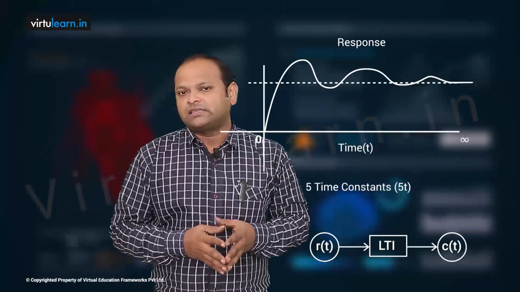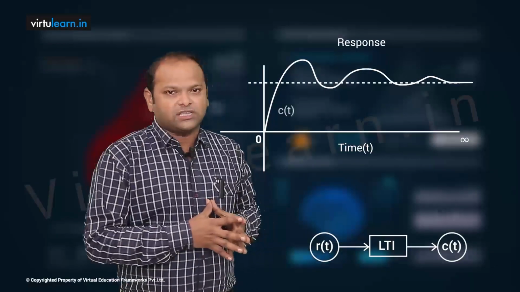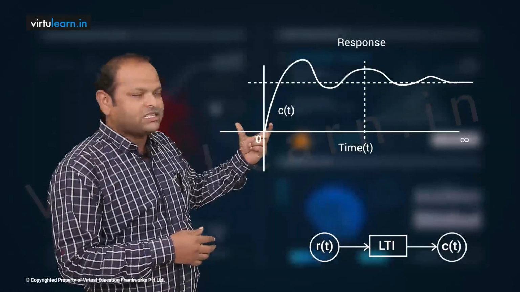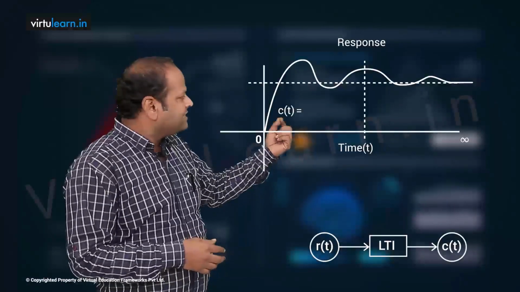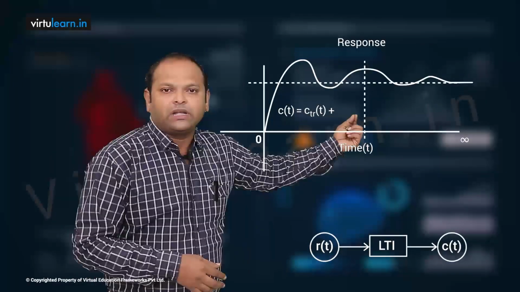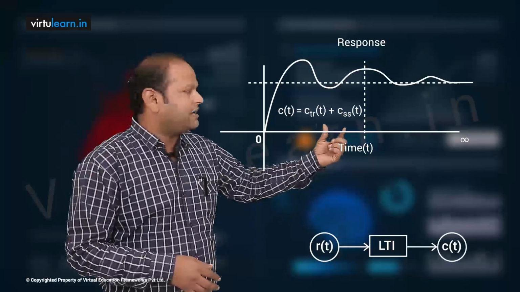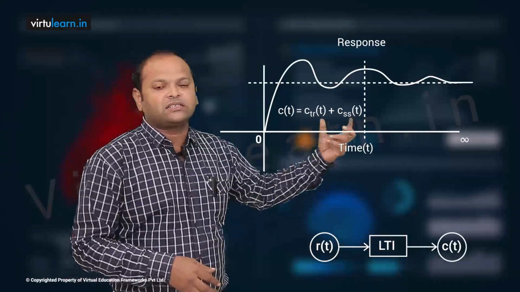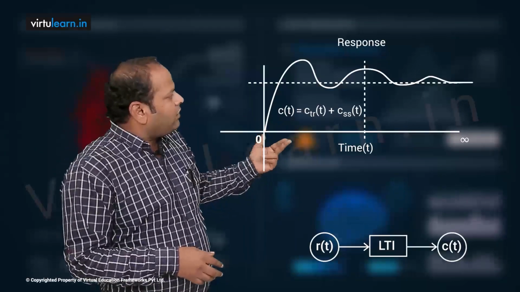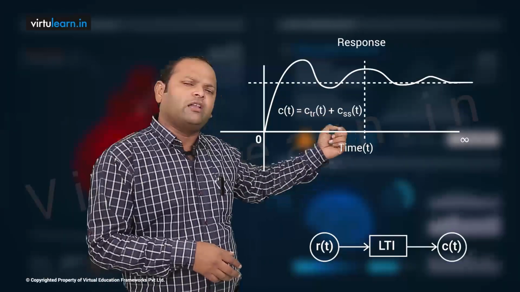After that we can take it as the steady state response. So if this total response is C of t, then I can divide this total response into 2. As I said just now, C of t is equal to C_tr of t, where tr means transient, plus C_ss of t, where ss means steady state, transient as well as steady state. Now this transient response will go to 0, meaning it decays to a steady state value.